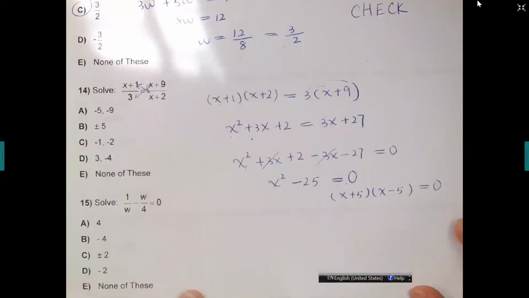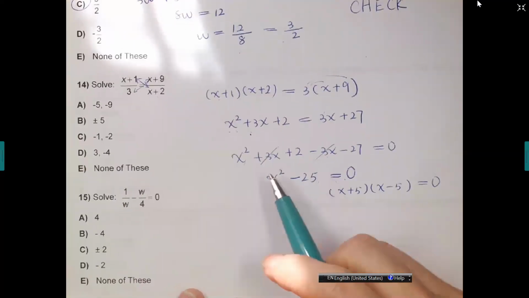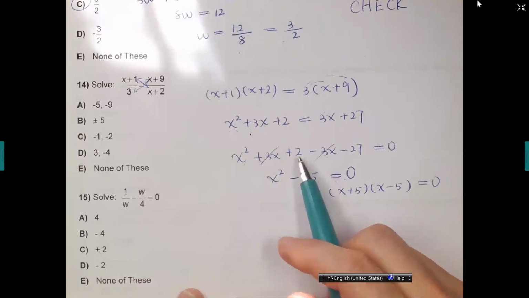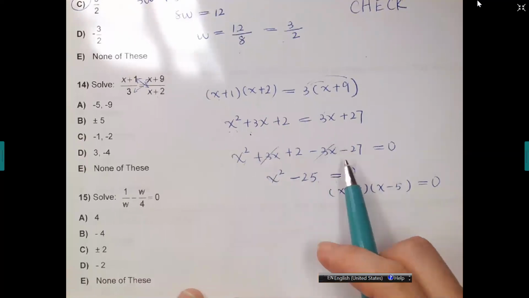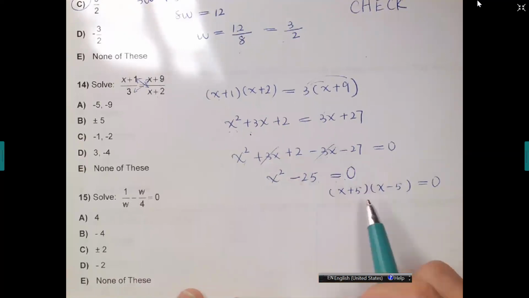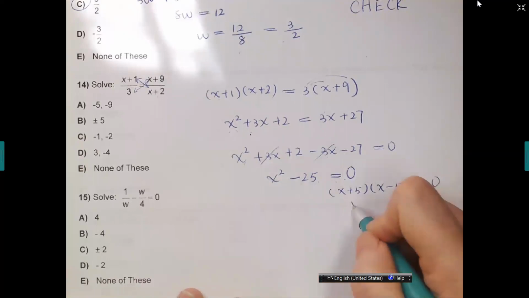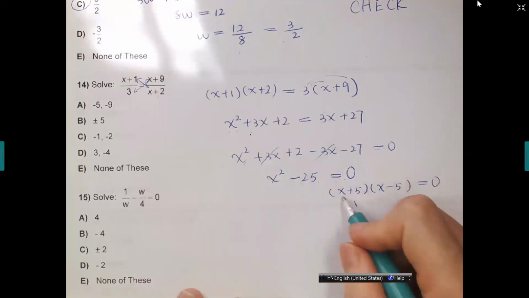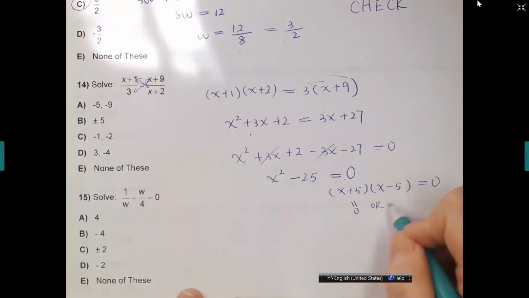This is what we did in chapter 6. To solve a quadratic equation, we make the right side of the equation 0, then factor the left side. It turns into a product equal to 0. Then let each factor be 0. Either x plus 5 is 0 or x minus 5 is 0.